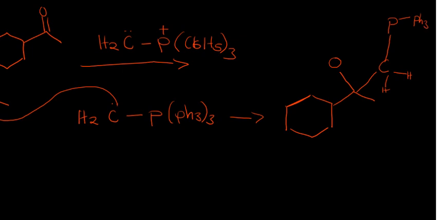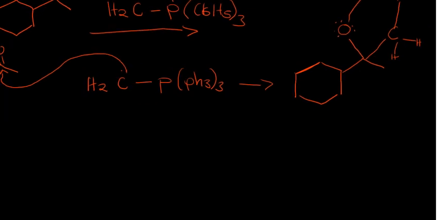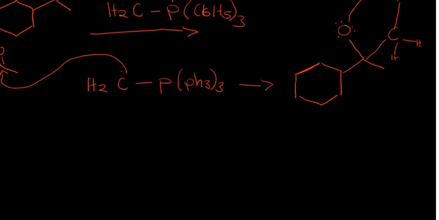and we're going to form a structure looking like this. Now oxygen will go to phosphorus, which is having the PPh3 there.